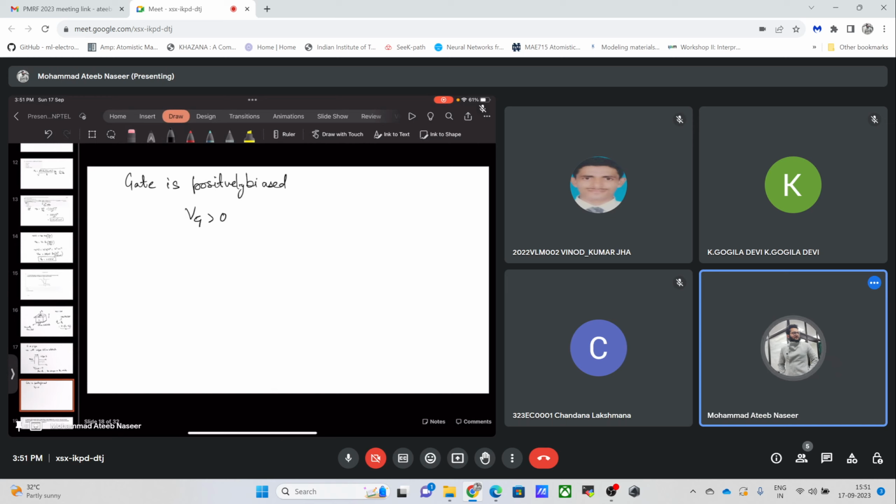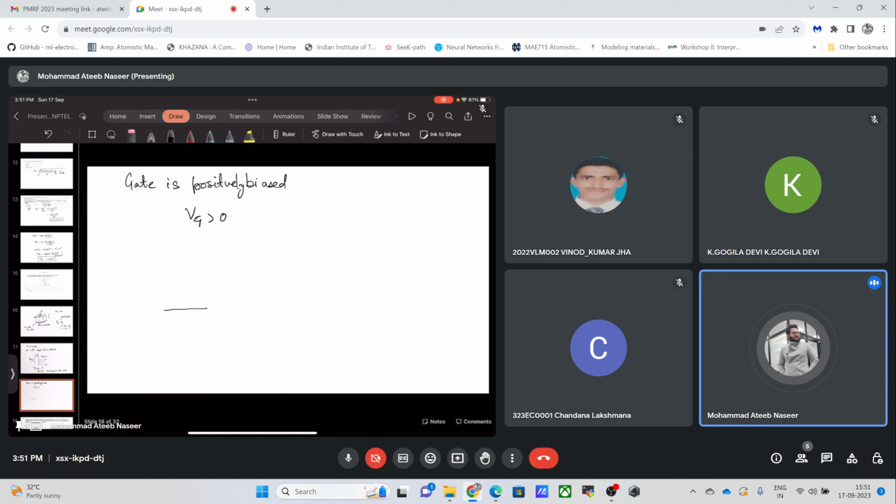For example, if I draw the energy band diagram again for this case, it would look something like this. Since I have applied positive bias, Vg is positive at the gate, and as a result I will have accumulation of electrons, because electrons are the majority carriers in n-type material.